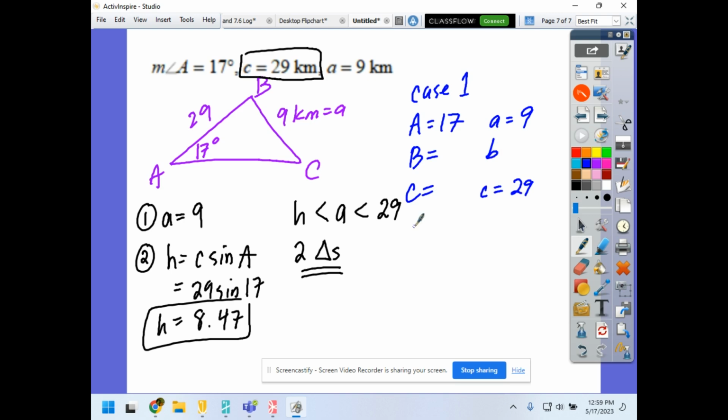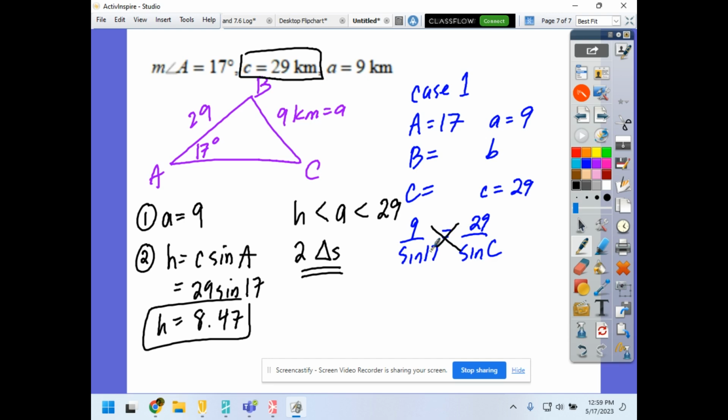We're going to use law of sine. 9 over sine 17 is equal to 29 over sine of angle C.